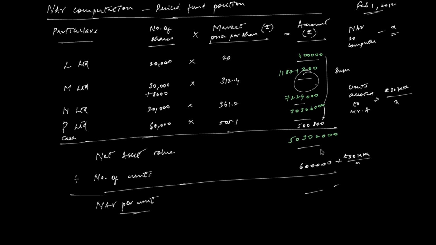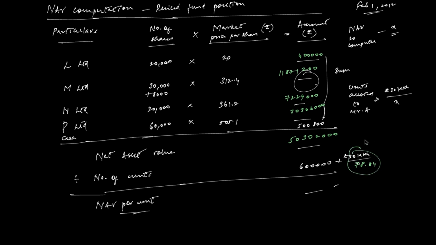Right? Now, this divided by revised number of units. Revised number of units is 6 lakh plus 30 lakh by X. So, what is X? X is nothing but 78.84. So, when we divide 30 lakh by 78.84, we get 38,052.